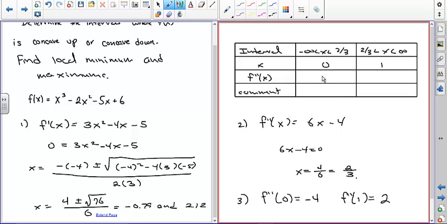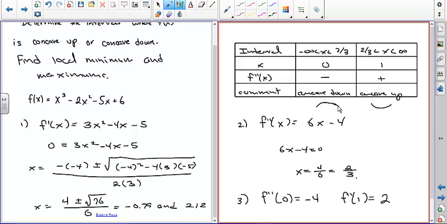So the second derivative is negative here and positive there, and so it's concave down, and this is concave up. If you think about that, concave down is kind of like that, and concave up is like that. So the second derivative test says that any value of x in this interval is going to be concave down.